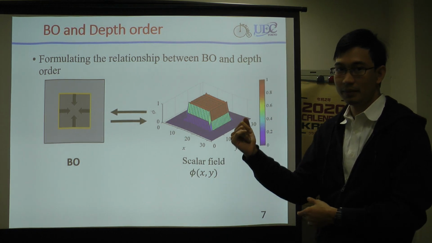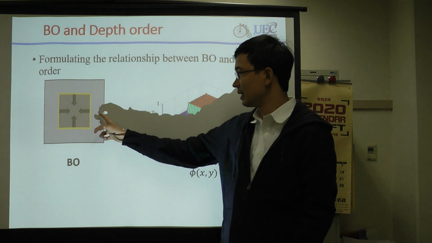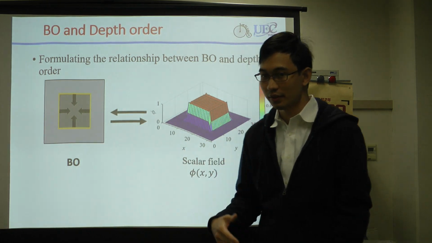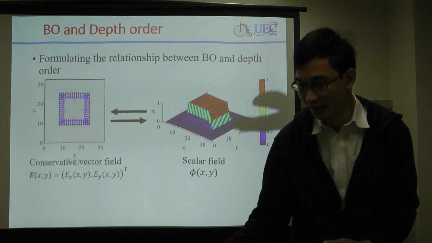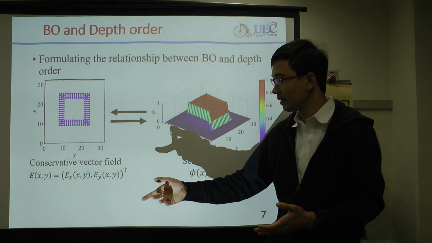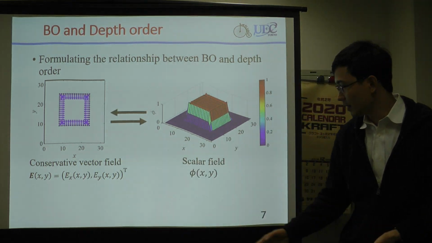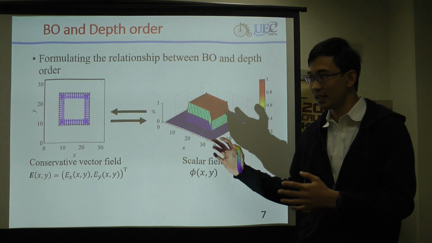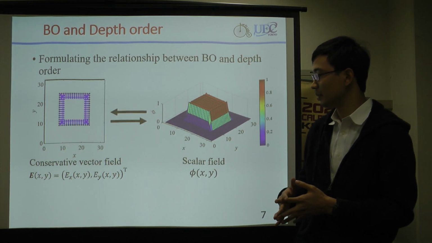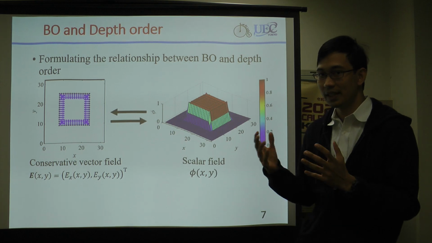And border ownership, BO, you can see arrows here, we can represent this as a vector field. Let's say, for example, E. So we have phi here and we have E, and we know that there is some sort of relationship between phi and E. So what is this relationship?